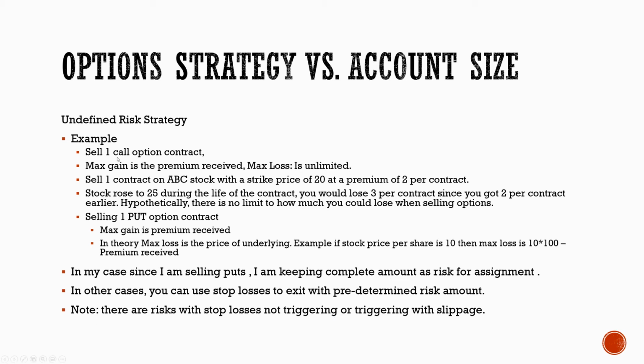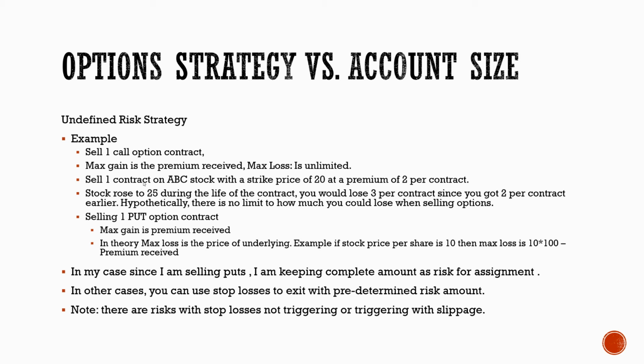Let's take a tricky example of selling one call option. The max gain is of course the premium received, but in this case the max loss is unlimited. Let's say you have sold a contract of ABC at a 20 strike price for 2 euros per contract.